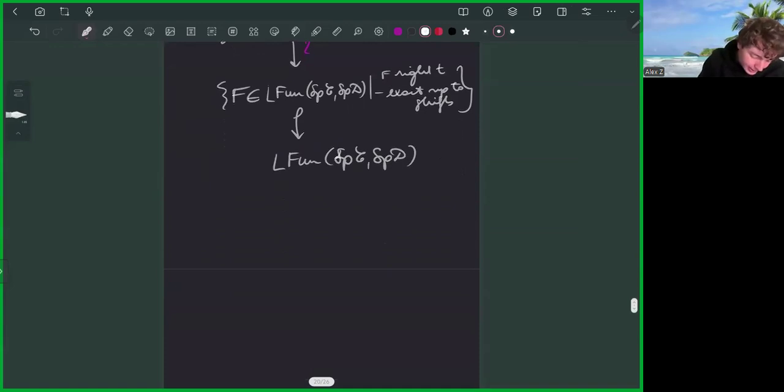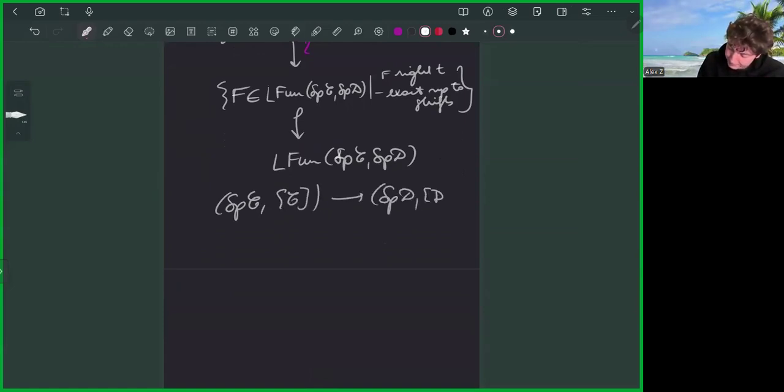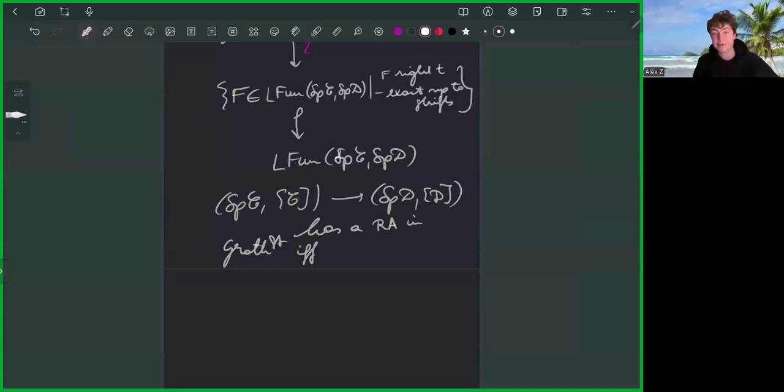And in particular, what you will get from this is that if you have a functor like this in your category Groth ST, then this has a right adjoint in Groth ST if and only if the right adjoint is a morphism again in Groth ST. That's sort of the thing that is such that the underlying functor is a right adjoint to the thing, and the right adjoint itself preserves colimits.